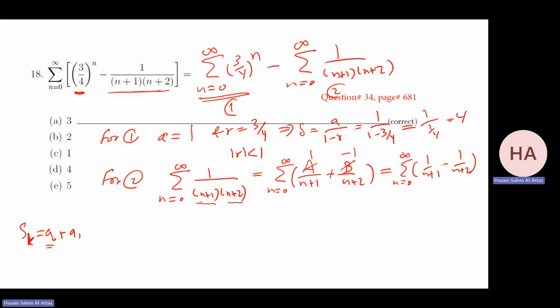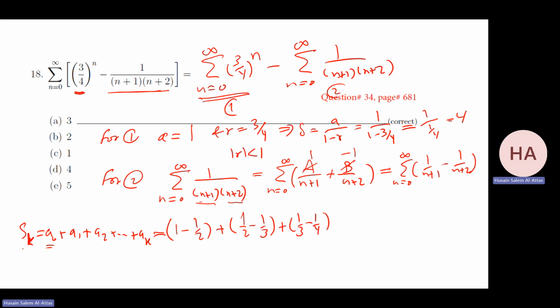Actually, I don't need this. The most important thing is just the cancellation. So at A0, I have 1 minus half, plus at A1, it will be half minus 1 over 3, plus 1 over 3 minus 1 over 4.